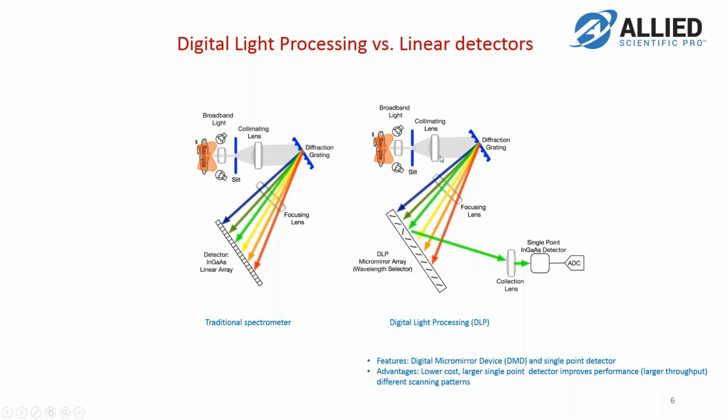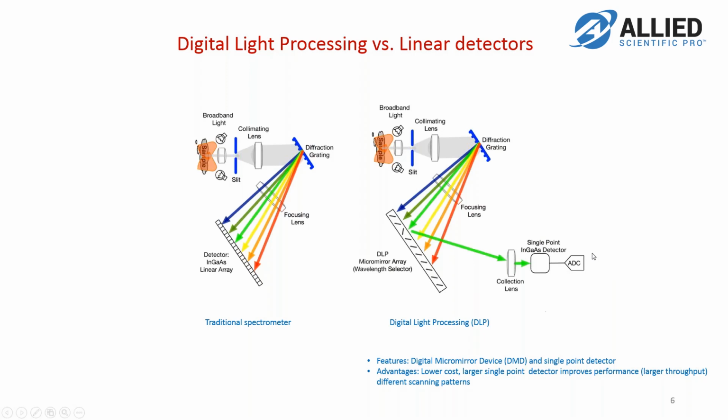The dispersed light falls on this micromirror array, which has many different small mirrors, and each part of the spectrum falls on a section of these mirrors. So blue falls on this mirror, green falls on this one, and these mirrors, one after the other, turn towards the detector, which is just a single point InGaAs detector.